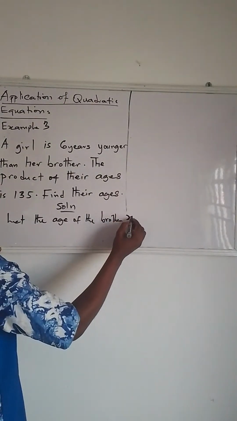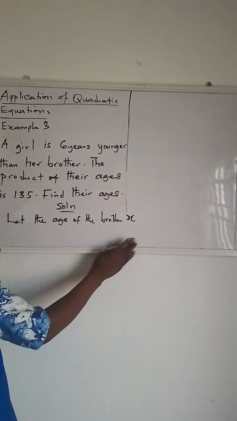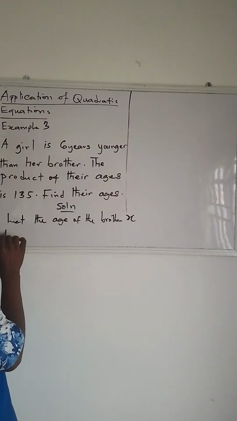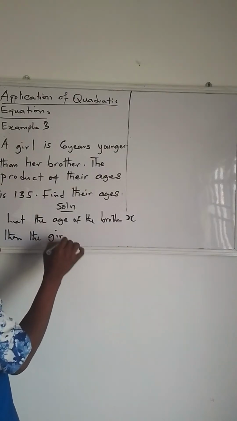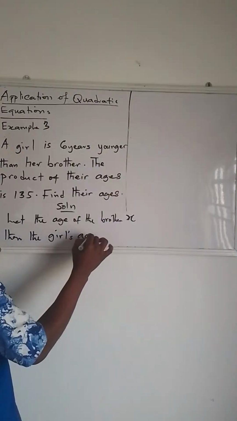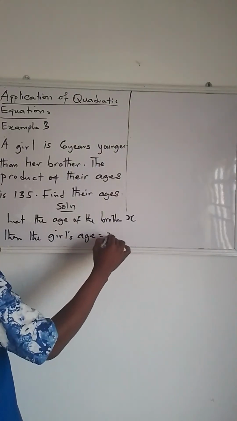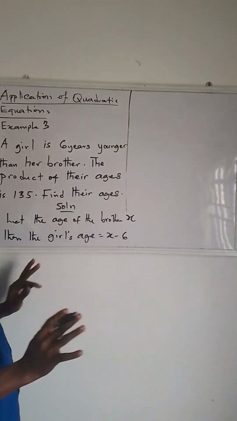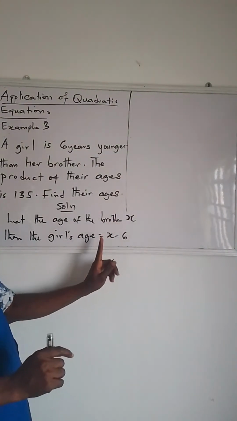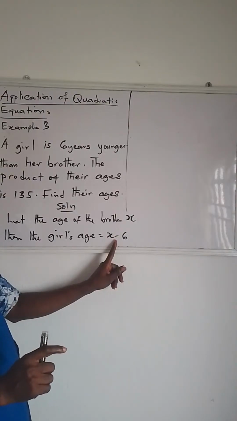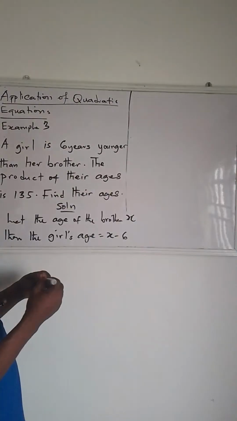So if the age of the brother is x, now if I want to know the age of the girl, then the girl's age will be what? x minus 6. Do you understand that? This is the age of the brother. Now the age of the girl is x minus 6. Okay, now let's move on.